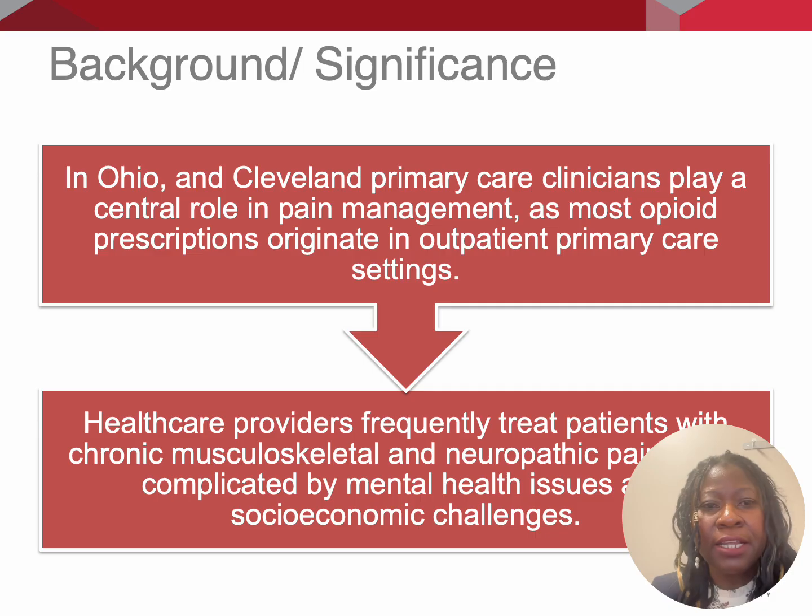In Ohio and Cleveland, primary care clinicians play a central role in pain management, as most opioid prescriptions originate in outpatient primary care settings. Healthcare providers frequently treat patients with chronic musculoskeletal and neuropathic pain, complicated by mental health issues and socioeconomic challenges.